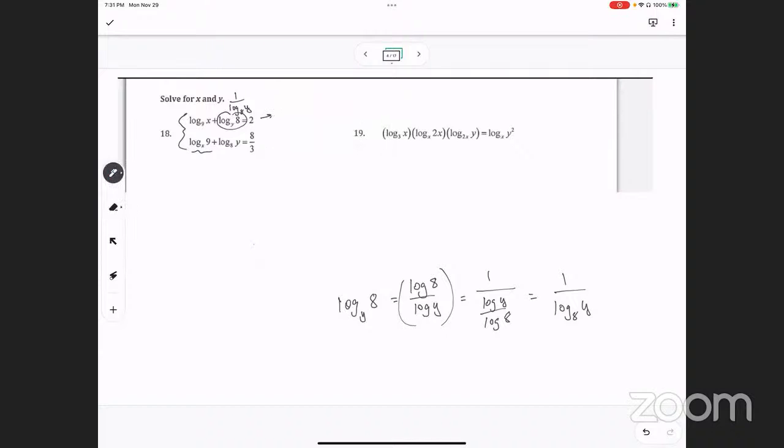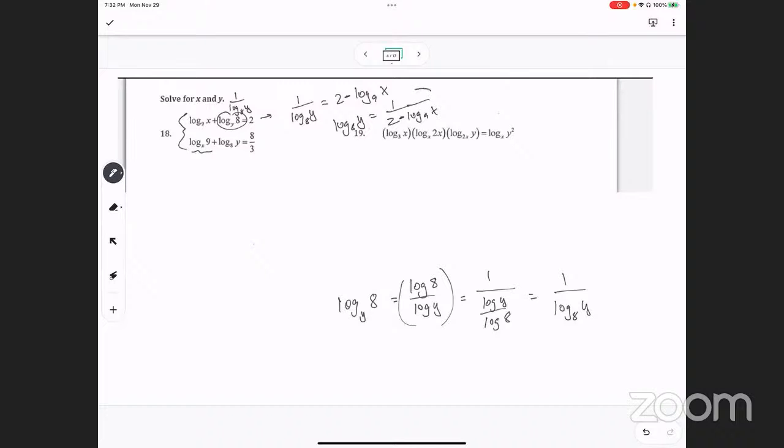Let me do it like this. 1 over log base 8 of y equals 2 minus log base 9 of x. And now I can flip both of those sides. So log base 8 of y equals 1 over 2 minus log base 9 of x. We'll see if that's going to be doable.